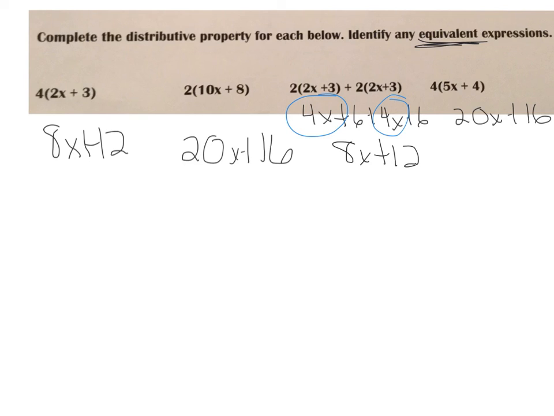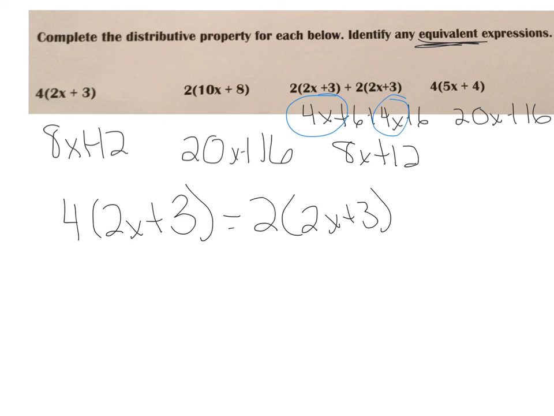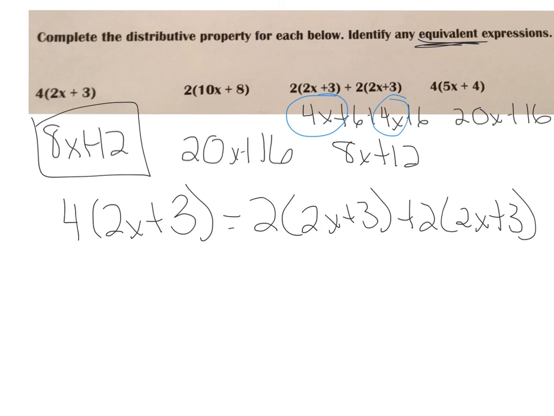So if you notice, you can say that 4 times the quantity 2x plus 3 is equivalent to 2 times the quantity 2x plus 3 plus 2 times the quantity 2x plus 3, because they both simplify to the same thing.